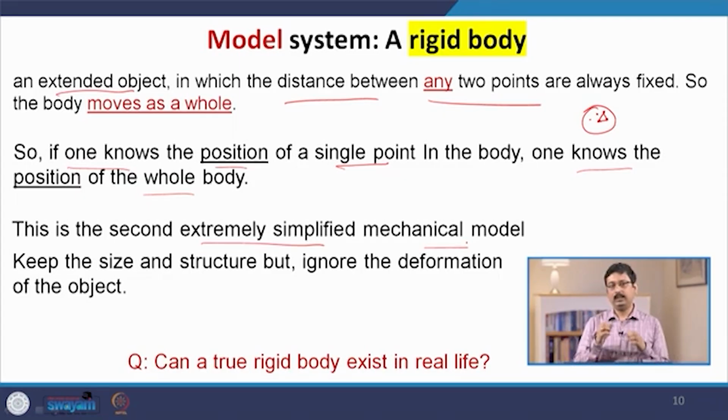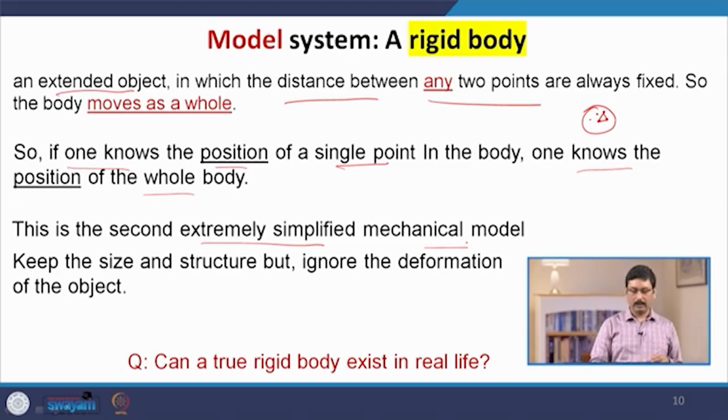Deformation means you are trying to change the distance between two points inside the object, which is not allowed by the definition of a rigid body. So, this is an ideal case. In any ideal, very simple model, the moment you include deformation, the analysis of the problem becomes more complicated.